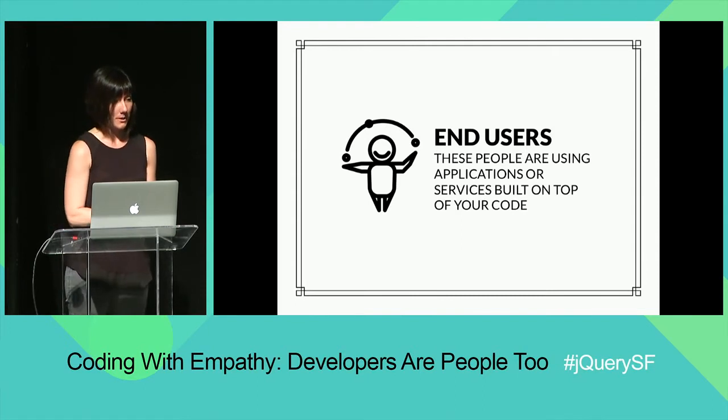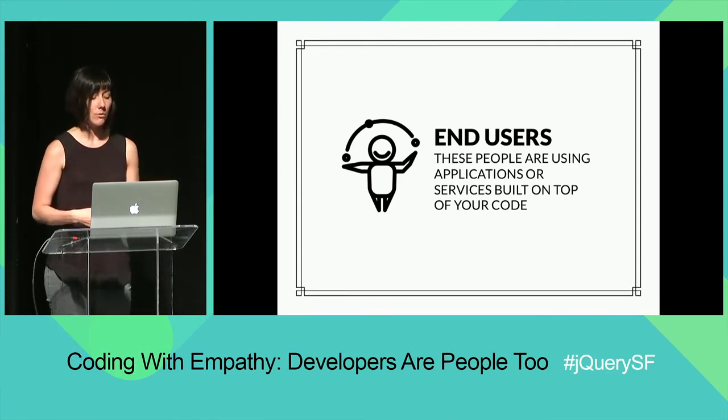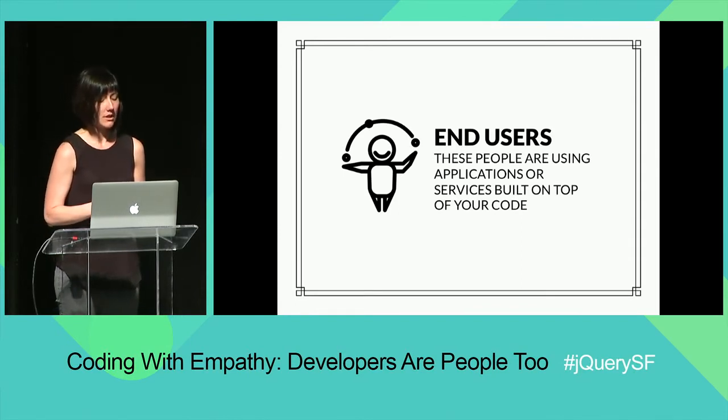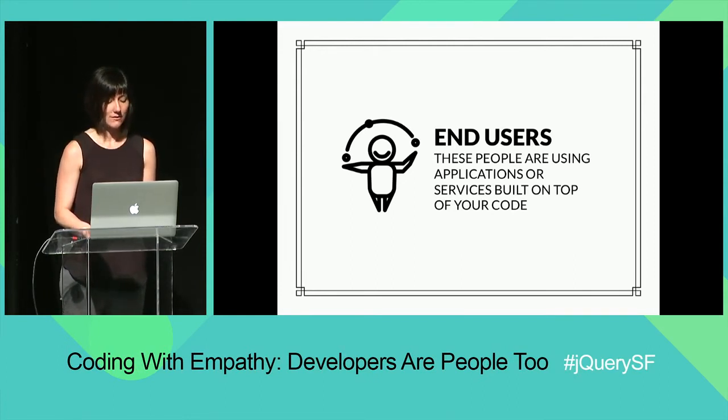The last group of people affected by your code are end users. And these are people who are using applications or services that you or the people consuming your code have built. This group's probably the largest group of people affected by you, and they probably have the least amount of shared context.